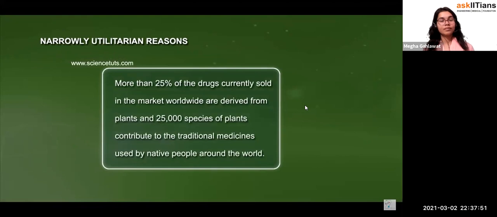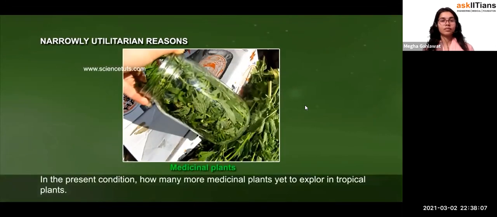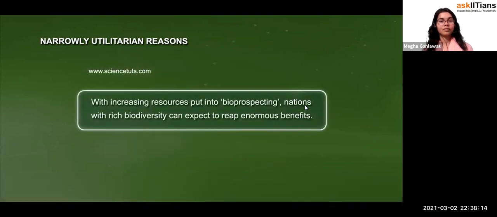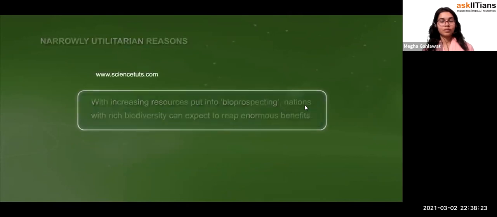More than 25% of the drugs currently sold in the market worldwide are derived from plants, and 25,000 species of plants contribute to the traditional medicines used by native people around the world. In the present condition, how many more medicinal plants are yet to be explored in the tropics? With increasing resources put into bioprospecting, nations with rich biodiversity can expect to reap enormous benefits.